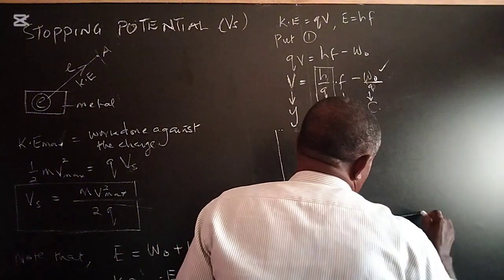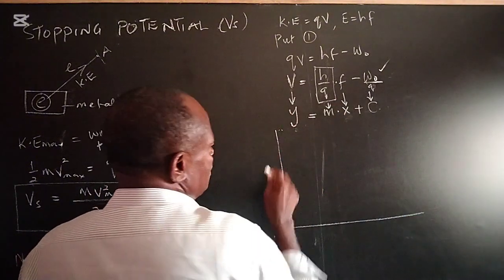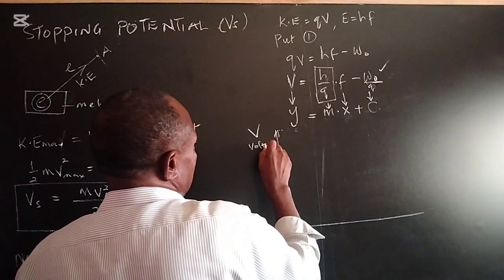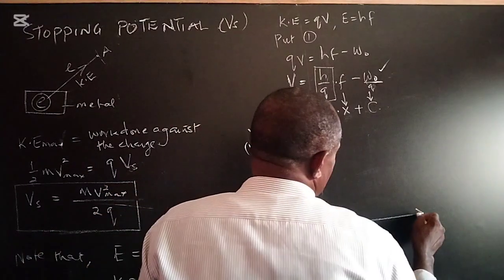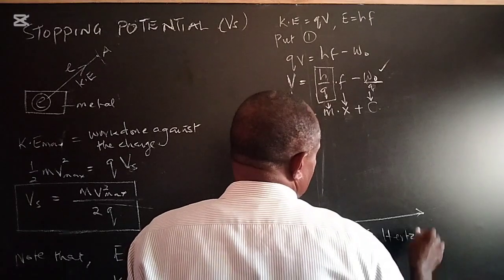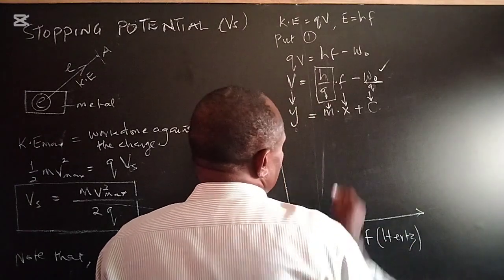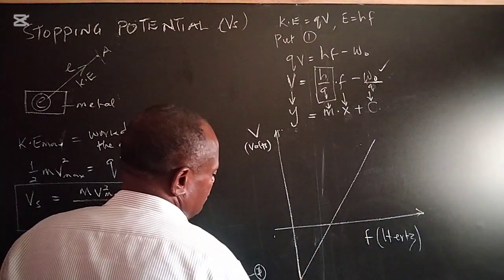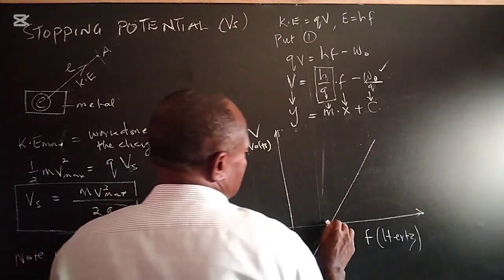If we try to do that, this is not to scale. This is the V axis, and this V is in volts. And then we have frequency, expressed in hertz. So if we plot the graph, this is what we will experience.